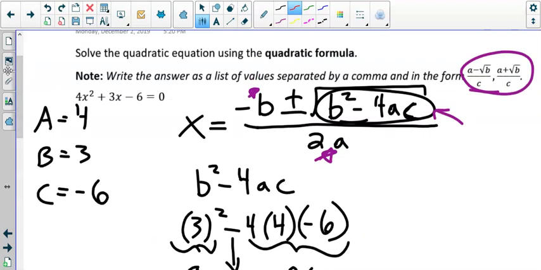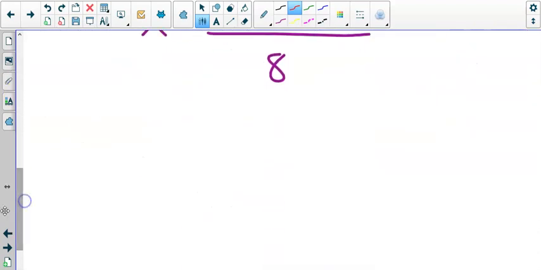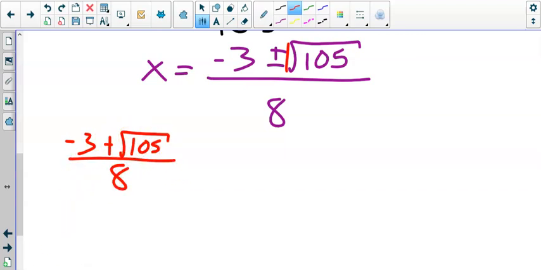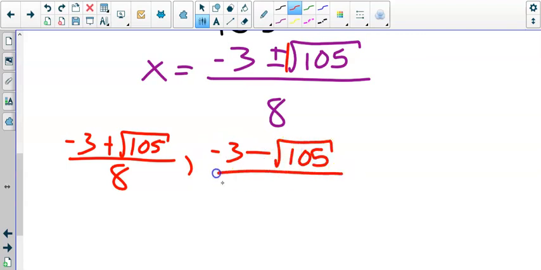Okay? So one of my answers is -3 plus the square root of 105 over 8. Comma. The other answer will be -3 minus the square root of 105 over 8.